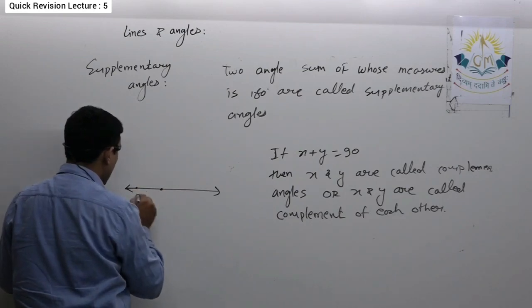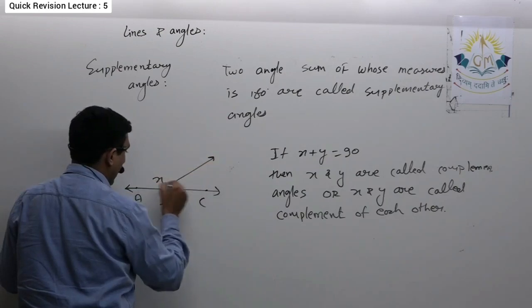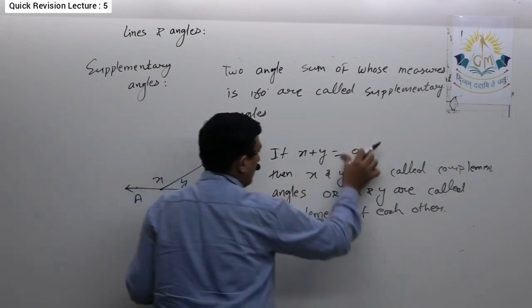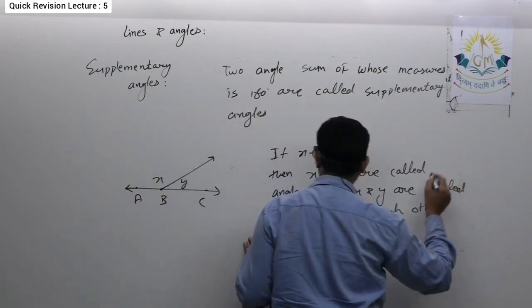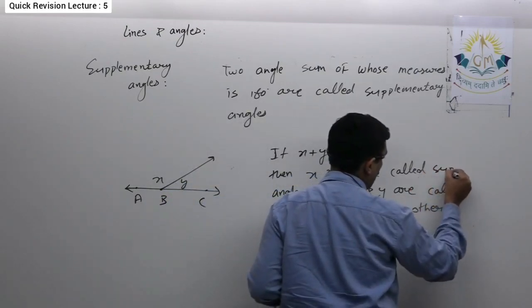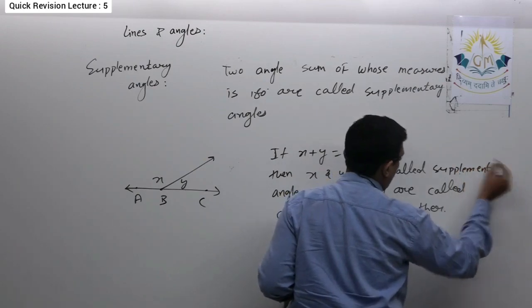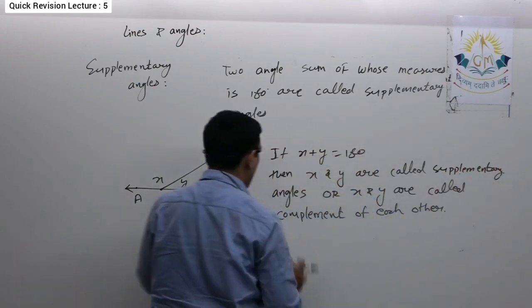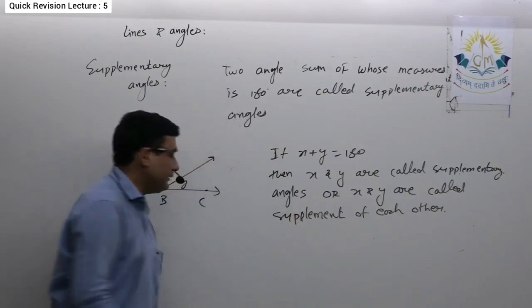Let this angle be A, points B, C. If x plus y is equal to 180, we'll say x and y are called supplementary angles, or x and y are called supplement of each other.